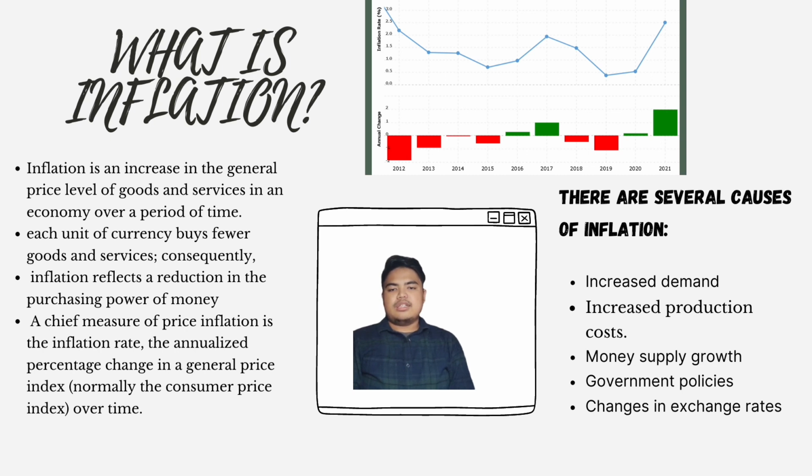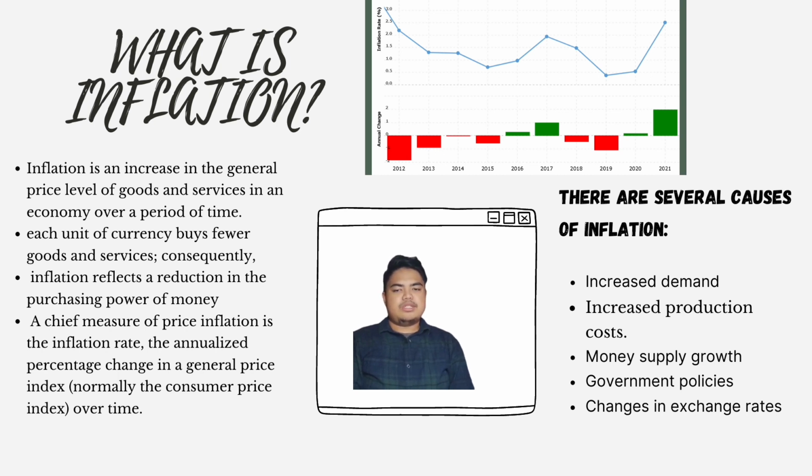But in 2019, Korea achieved the lowest rate of inflation, which is 0.38%. Korea is back on the right way in increasing the inflation rate. Korea achieved 2.50% inflation rate in 2021.